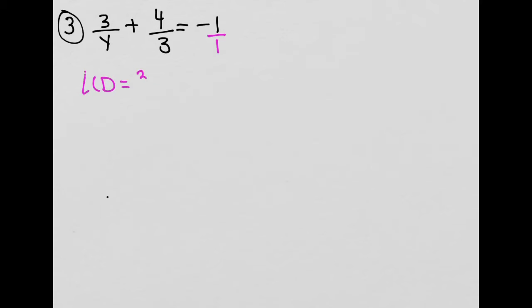So my least common denominator is 3y. Now I need to multiply each top and bottom by what is missing to be the least common denominator. So in this case, I'm going to multiply by 3. And in this case, I'm going to multiply by y. And here I'm going to multiply by 3y. I rewrite.